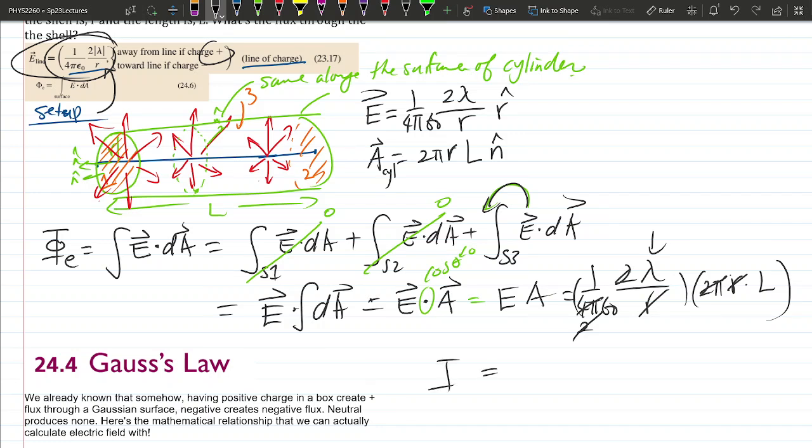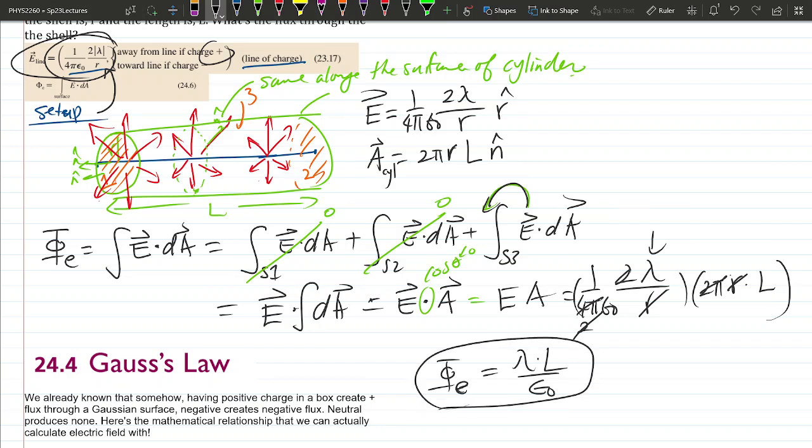So the electric flux through the entire surface, 1, 2, and 3, not just the side of it, is just lambda times L divided by epsilon naught. Simple?